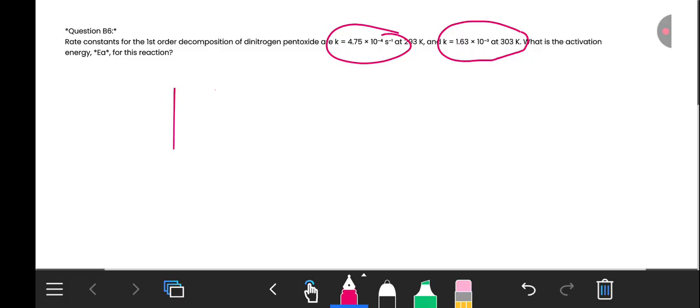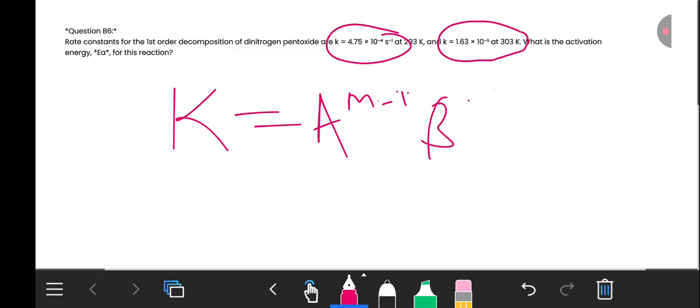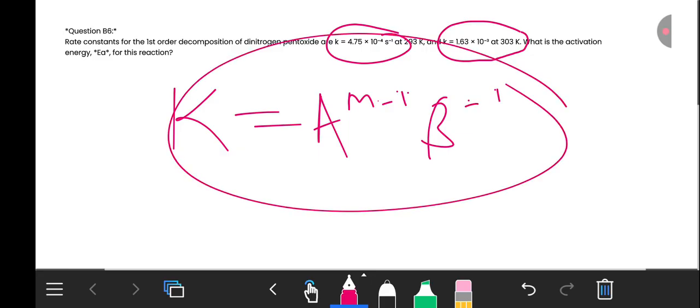So we can see that it is first order because it is obeying these units.